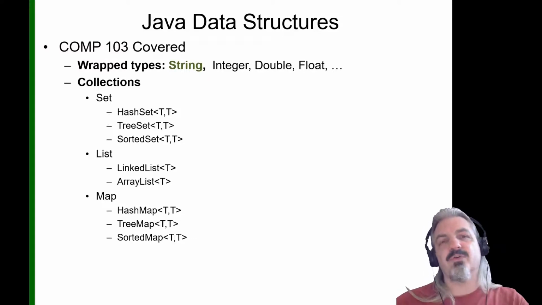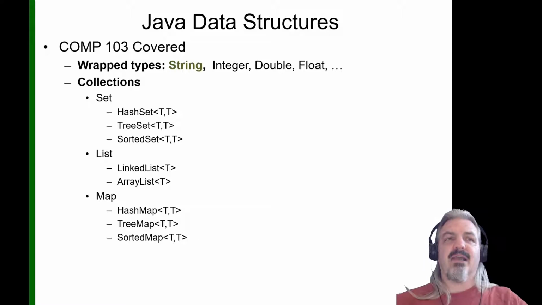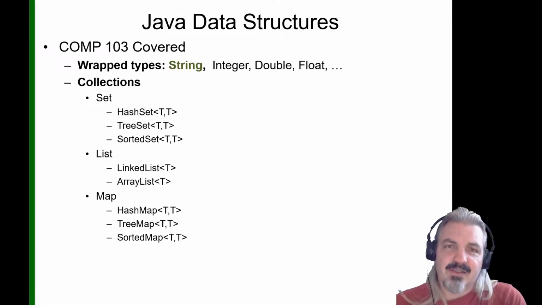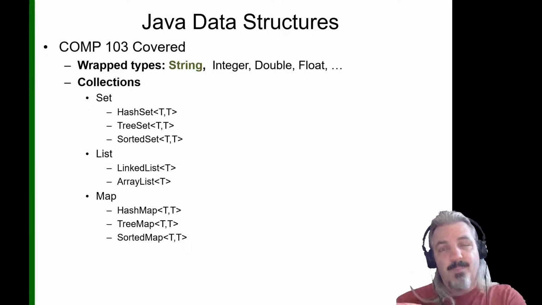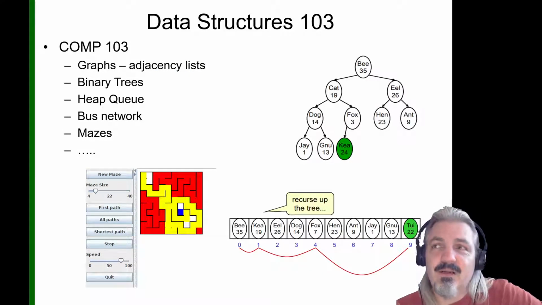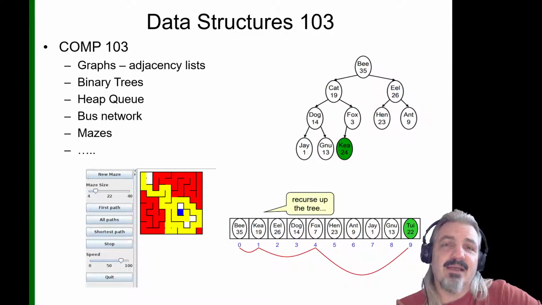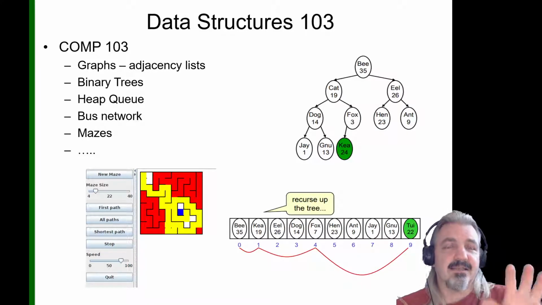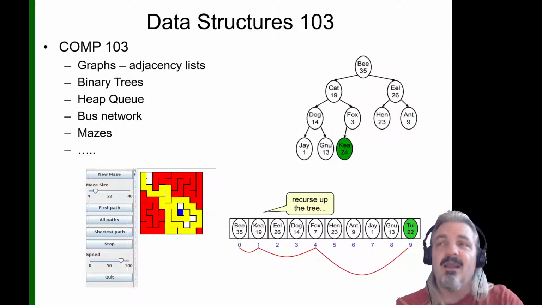When you build your own programs, you will want to have additional data structures that you create built on top of these. So when you did 103, I know that you did some graphs, and you did a graph structure with an adjacency list. That's the first one we're going to look at today. You also did some binary trees and used some heap queues.